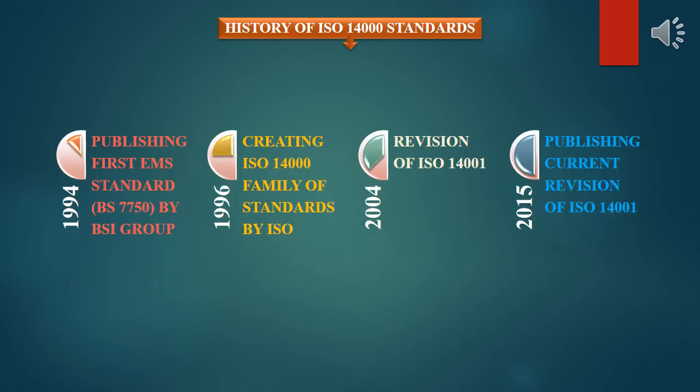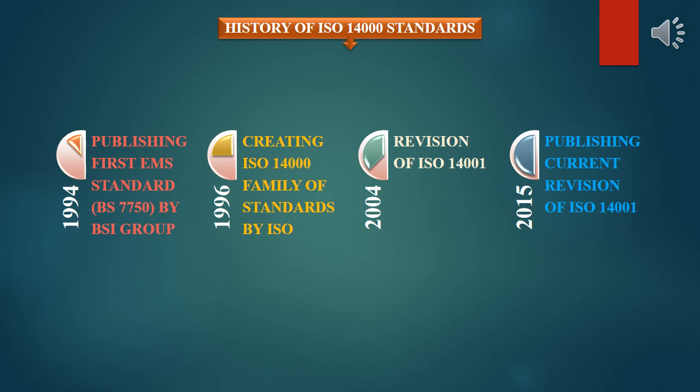Let's move on to the history of ISO 14000 standards. In 1994, the first EMS standard, that is BS 7750 by the BSI Group, was published. And in 1996, the ISO 14000 family of standards by ISO was created.